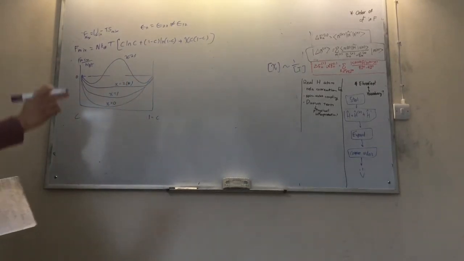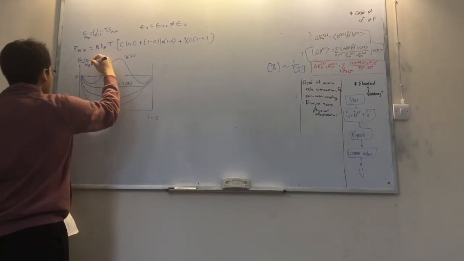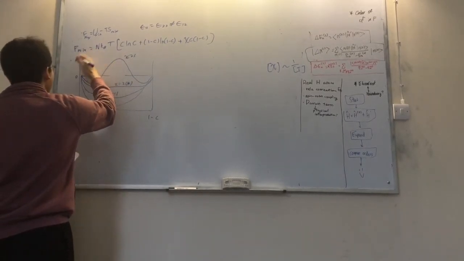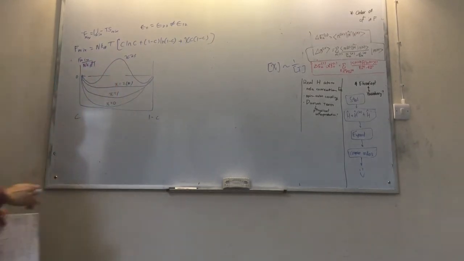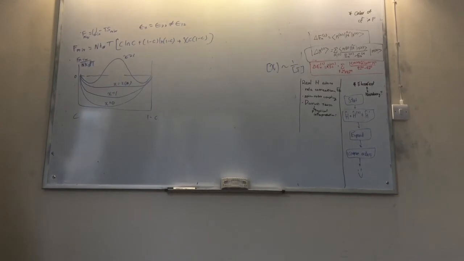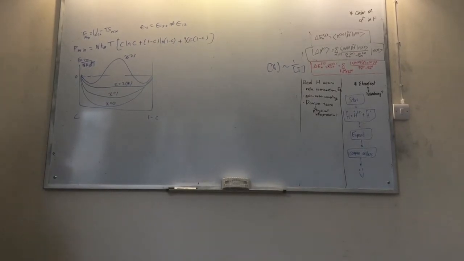Because chi is inversely proportional to the temperature, the mixing free energy over N kB T varies according to 1 over the temperature.